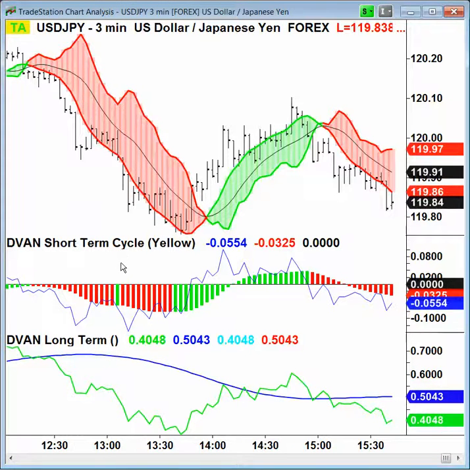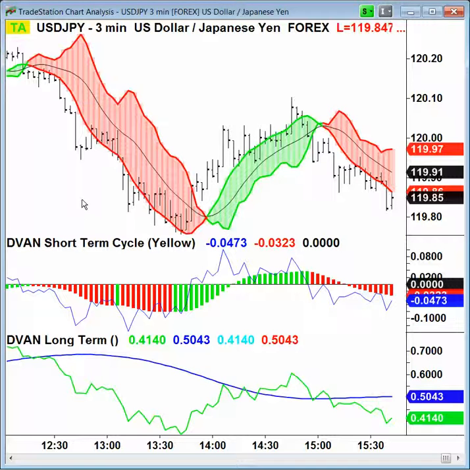We get, at this point, just one green histogram bar, but what makes this insignificant and showing potential consolidation and nothing else is that we're remaining under the pivot line. The cycle lines are nowhere near crossing. There's still a lot of selling pressure here, as indicated by the width between the cycle lines, and the leading line is actually going back down below the histogram at this point.